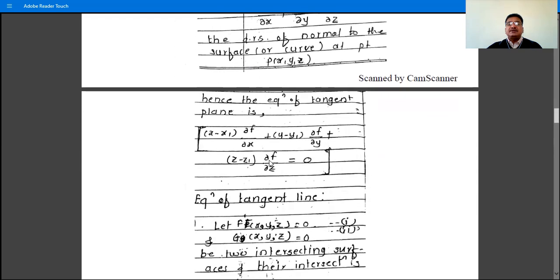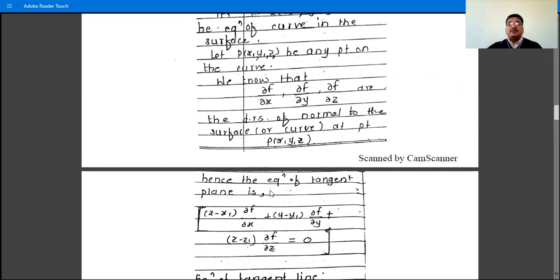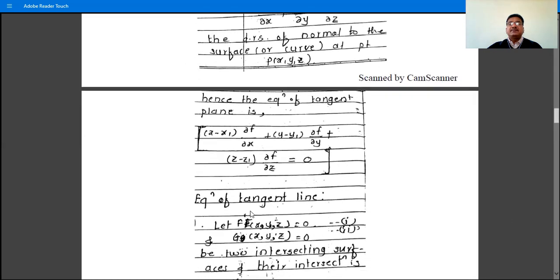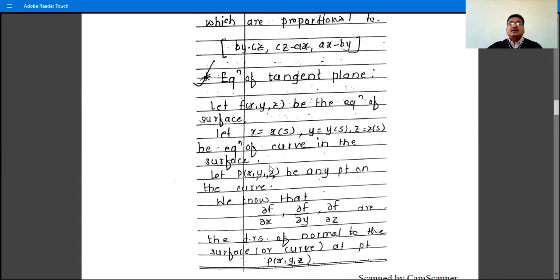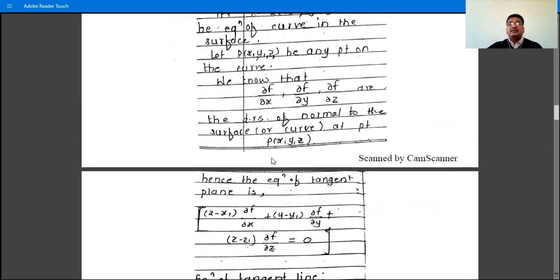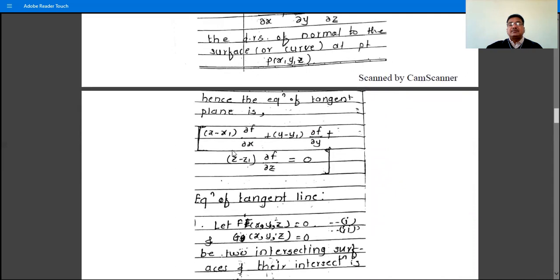Hence, the equation of tangent plane is: (x minus x1) times ∂f/∂x plus (y minus y1) times ∂f/∂y plus (z minus z1) times ∂f/∂z is equal to 0. This is because the tangent and the normal to the surface are perpendicular to each other. So by using the condition of perpendicularity, we have this answer.